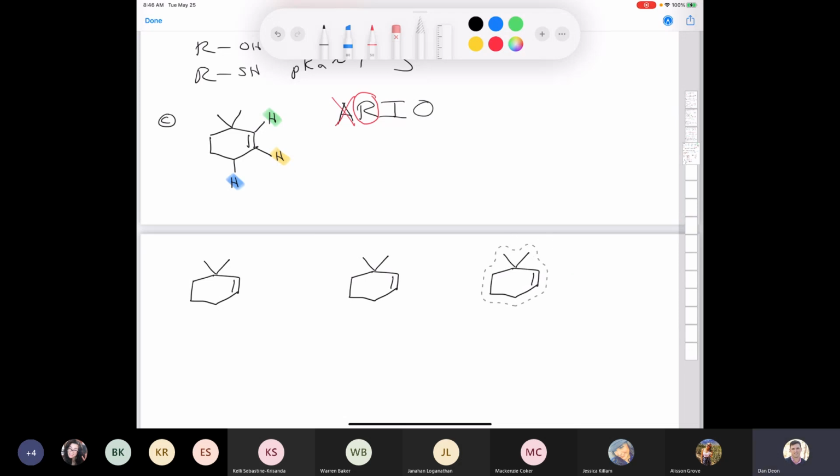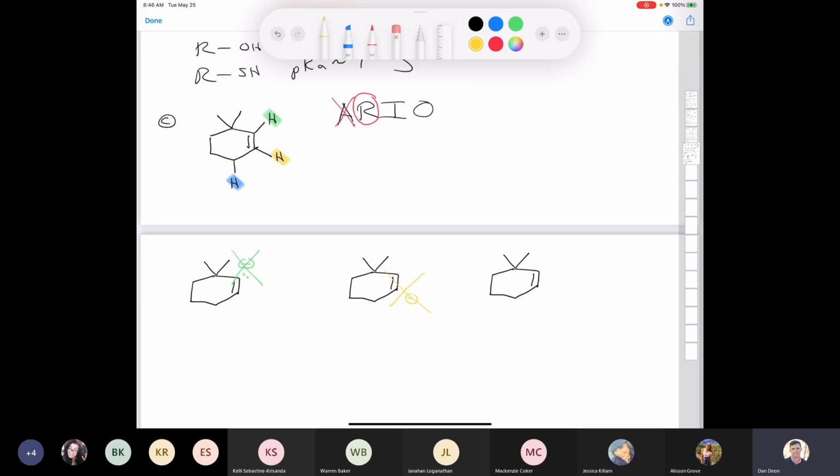Okay, if you were to rip off the one in green, you would end up with this. We don't form carbanions on sp2 hybridized carbons. That's really unstable. If you were to rip off the one in yellow, same thing. We don't form carbanions on sp2 hybridized carbons. Highly unstable.